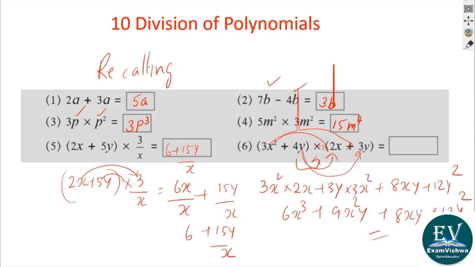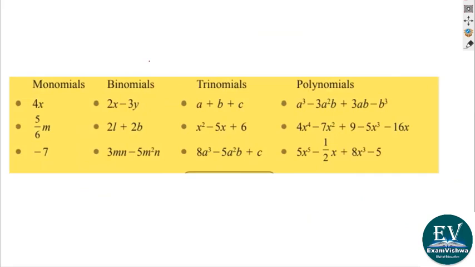Now, something more you should remember to go further in this topic of polynomials. The first and foremost thing is, what is a polynomial? The concept of polynomial came from the concept of algebraic expression itself.